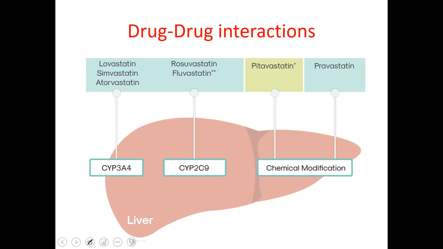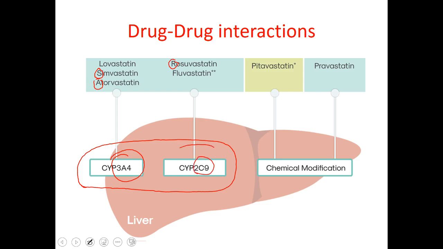Another significant point that you need to keep in mind with regard to statins, as well as one other drug class we will be seeing in a while, is their hepatic metabolism. If you take the common ones, atorvastatin and simvastatin, they are metabolized by CYP3A4, and rosuvastatin by 2C9. Could you recollect where we have talked about CYP2C9 earlier?